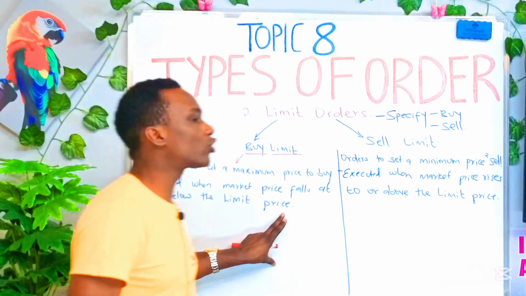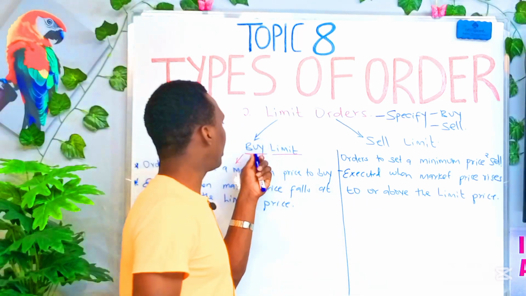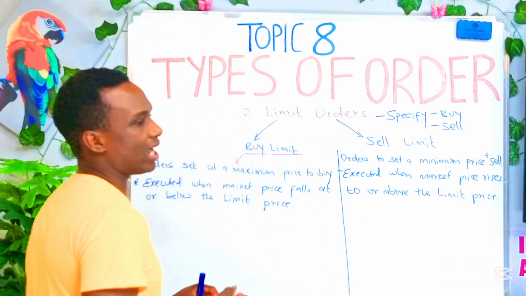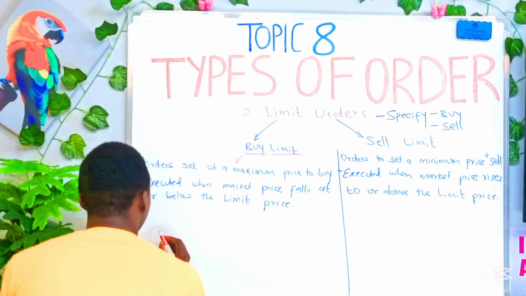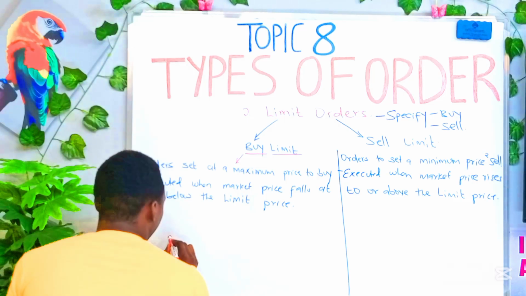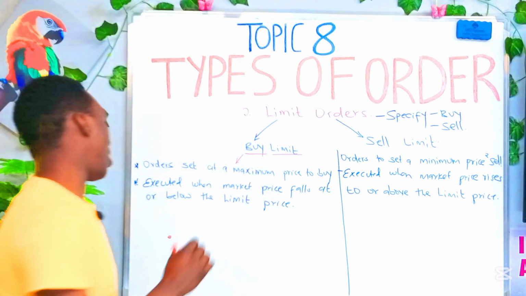Okay, so I'm going to do a very small illustration on buy limit and sell limit. We'll start with the buy limit. Let us say that our current price is here. Where do we set our buy limit?